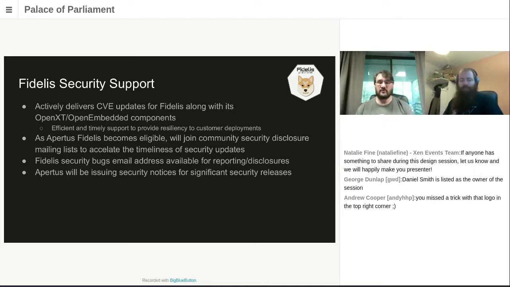As we become available, we'll be joining the security disclosure mailing list for all the open source components, so that we can provide more timely updates to Fidelis. There will be a Fidelis security bugs email address for customers to report, as well as third parties to be able to report disclosures. No bug bounties, sorry. And as we are cutting security releases, we'll provide security notices to our customers so they understand what changes are coming in each security release.